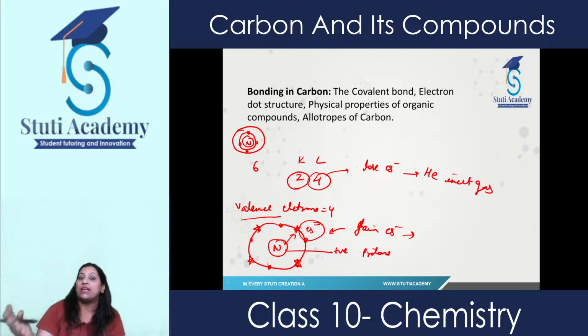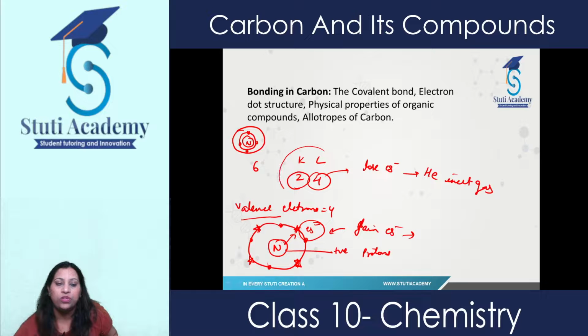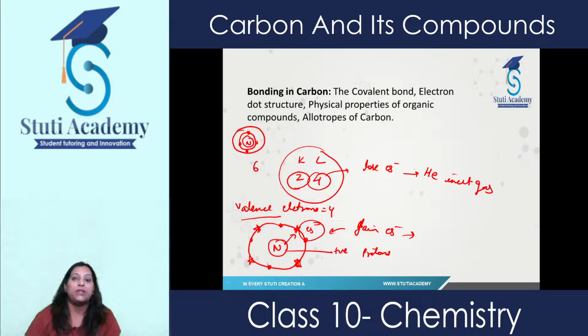That's why it will not gain 4 electrons as well. So if we look at the structure of this carbon atom, it has the nucleus in the center with positive charge, and 4 electrons revolving in the outermost shell with negative charge. The size of this carbon atom is extremely small. As you can see, it has only 2 shells, K and L. Due to this, it needs a tremendous amount of energy. As a result, it cannot lose electrons or gain electrons.